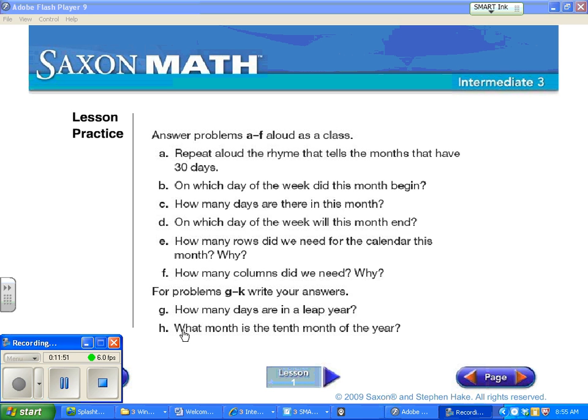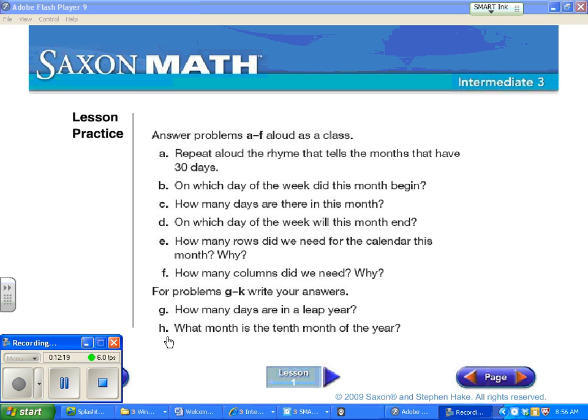Very good. Now, let's talk about leap year again. Raise your hand if you remember how many days are in a leap year. Braden. If a regular year has 365, a leap year has one more than that. 366.